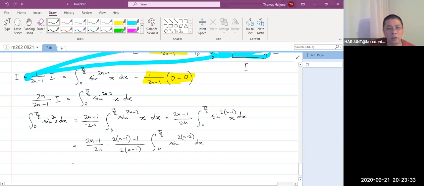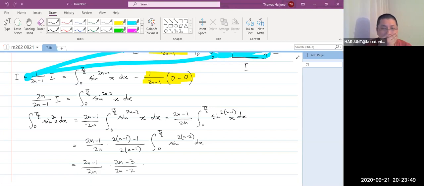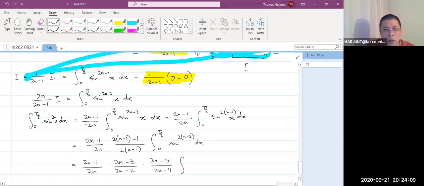So you see, I will do it recursively. This guy here will be 2n minus 5 over 2n minus 4 times the integral from 0 to pi over 2 of sine to the 2 times n minus 3 of x dx.